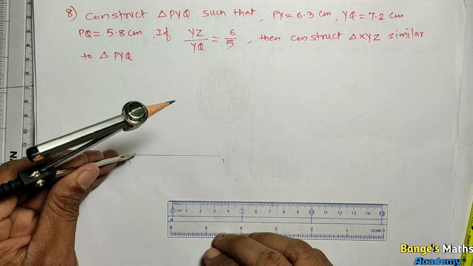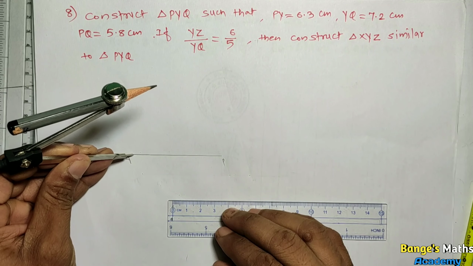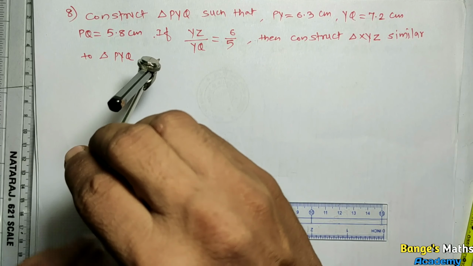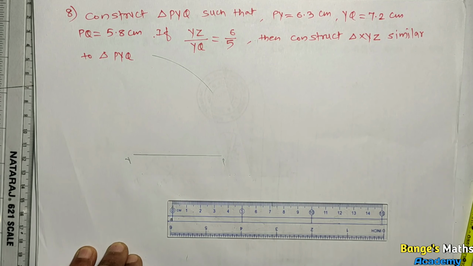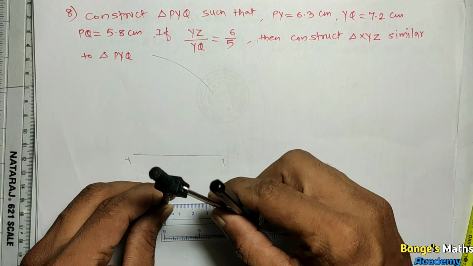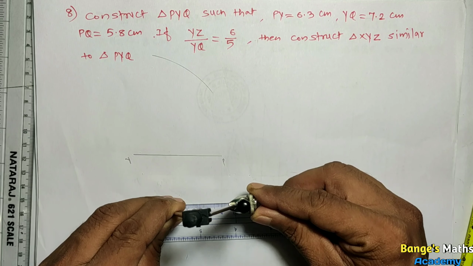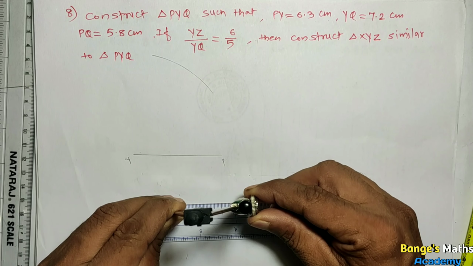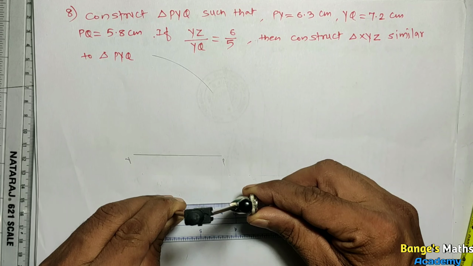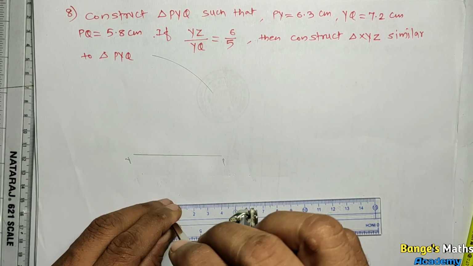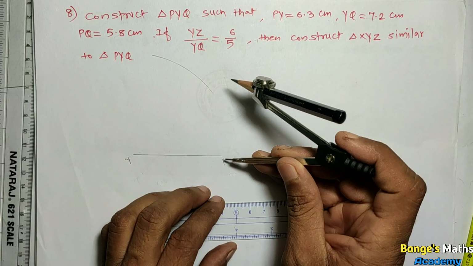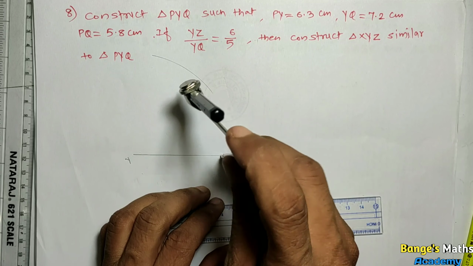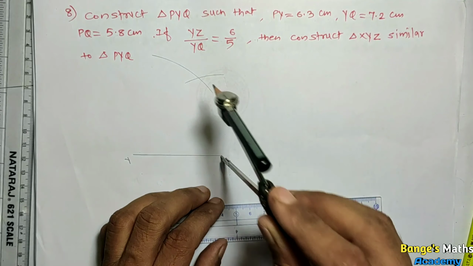Put compass on point Y and draw arc to the upper side. Then distance PQ is given 5.8. Take distance in your compass 5.8 cm. Put compass on point P and draw intersecting arc to previous arc.